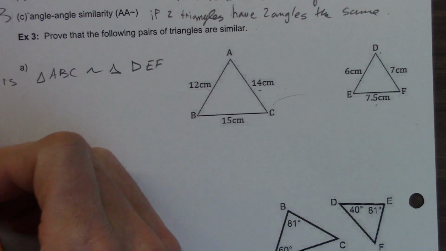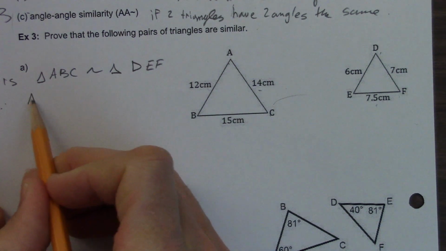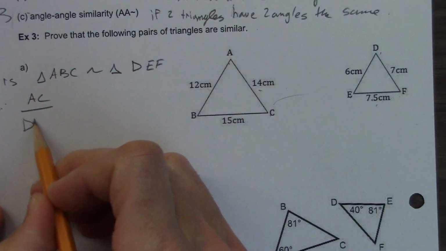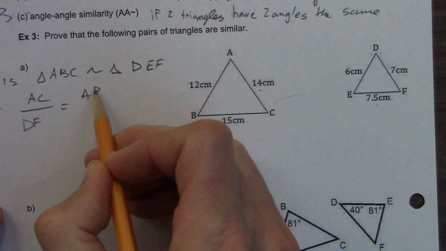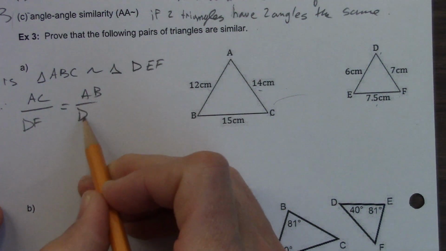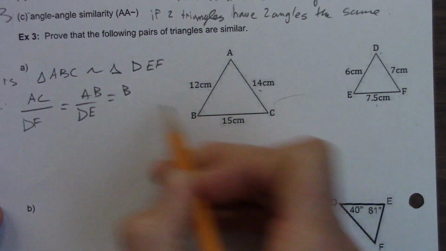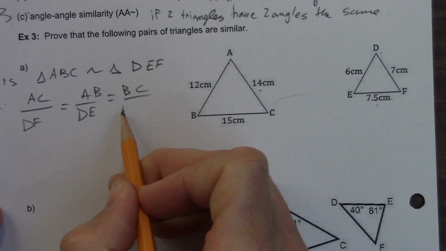So let's check the proportions. We're going to use method 1, side, side, side, and we're checking the proportions. We want to see is AC over DF equal to AB over DE, which is equal to BC over EF.